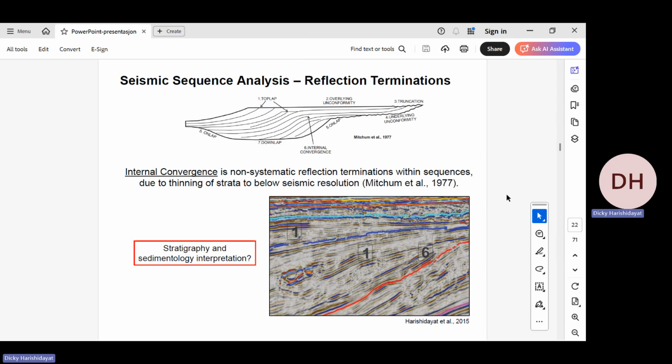In this case, if you see the examples, you will see that the internal convergence, number one here, is like something floating in the middle of the surfaces or in the middle of the stratigraphy. This is just because of the thinning upward to the proximal, or to the sediment source direction.